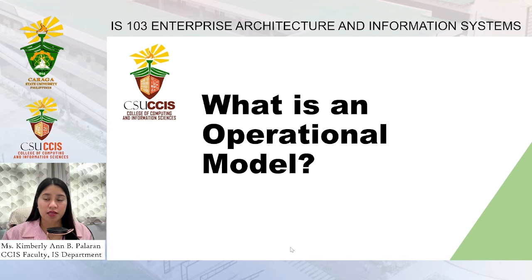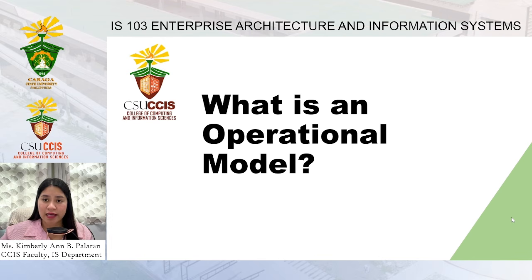So, what is an operational model? Think about how business operates. Some companies have multiple branches that work independently, while others have a single system where everything is connected. The way a business structures its processes, shares data, and manages operations. Now, imagine you are running a fast food business.